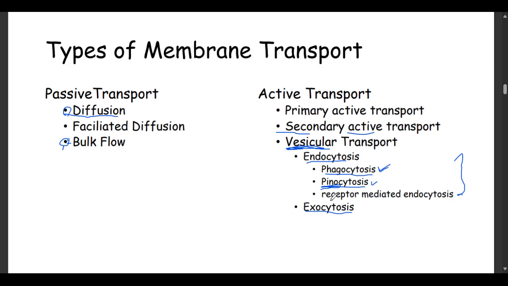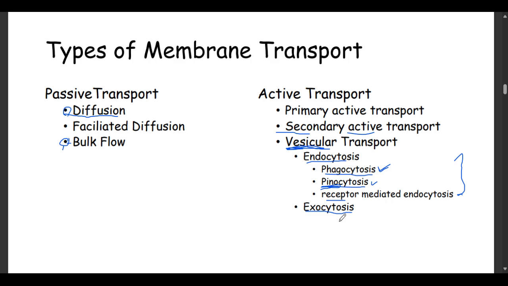Okay, and then we have receptor mediated endocytosis. Receptor mediated endocytosis is where we have use of certain signals. Okay, so a certain chemical is going to bind to a receptor on the cell membrane that is going to cause that part to form a vesicle that now curves in, and then it will be taken in by the cell. For example, a hormone.